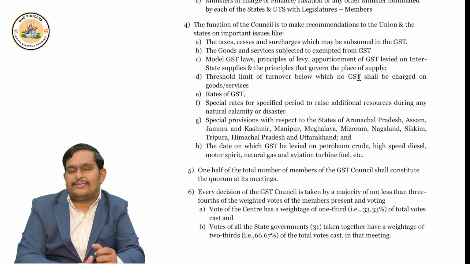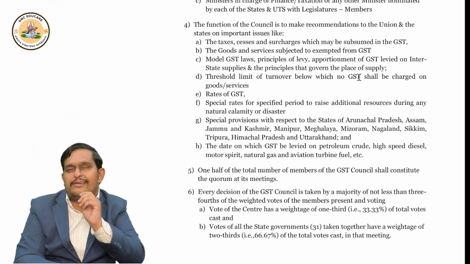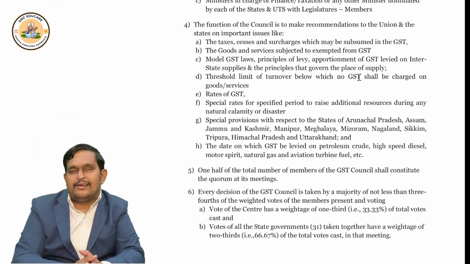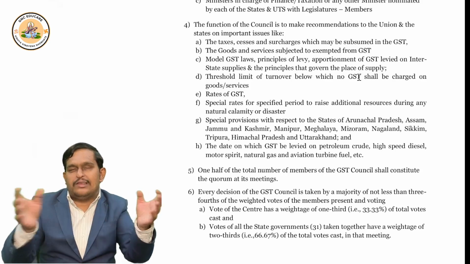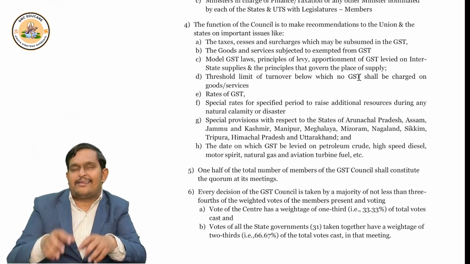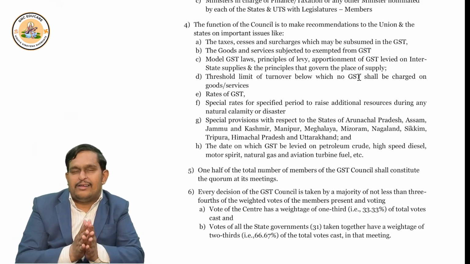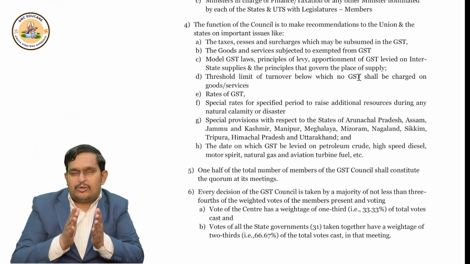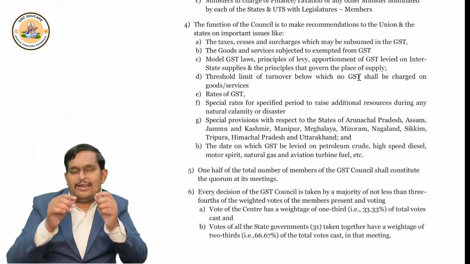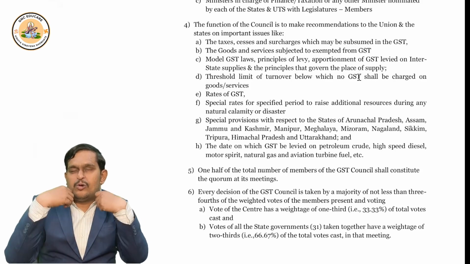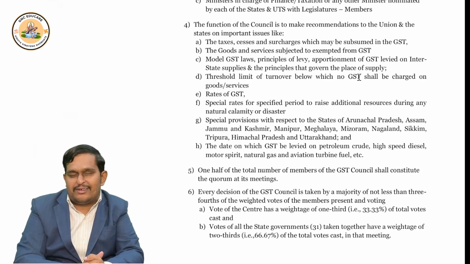Okay. Then the third point you see, model GST law. So how should the GST law be? Should the central government collect all the taxes and distribute half to the states or some portion to states? Or should center and state together collect, and their independent share go directly to their respective bank accounts?